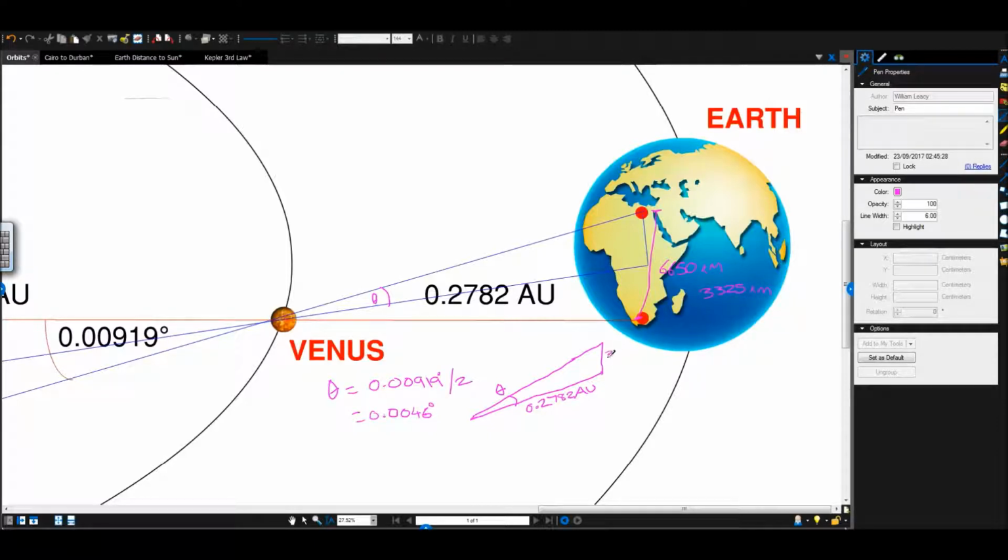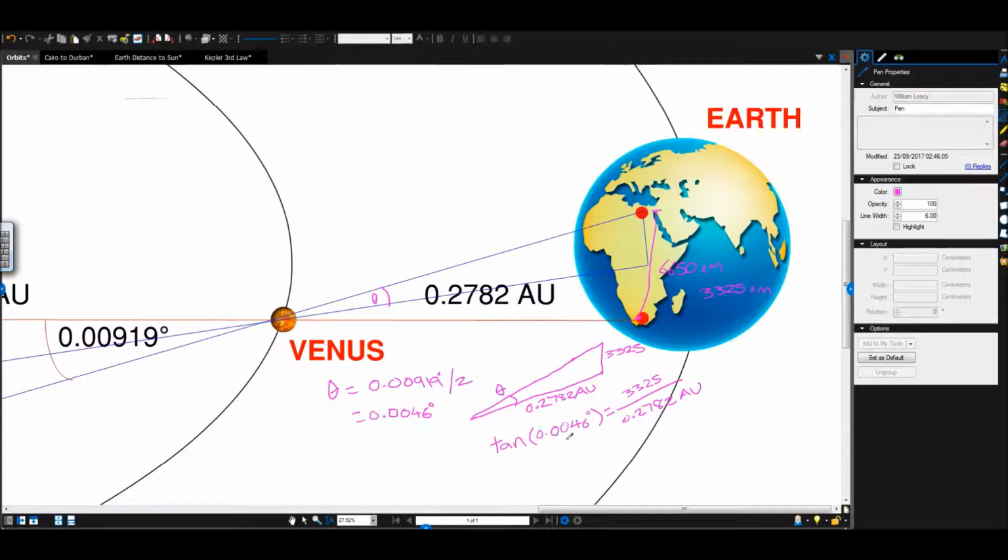Okay, so this is 3325. Right, so let's do this. So 0.0046 degrees equals what? Tan is opposite over adjacent, 3325 over 0.2782 AU.